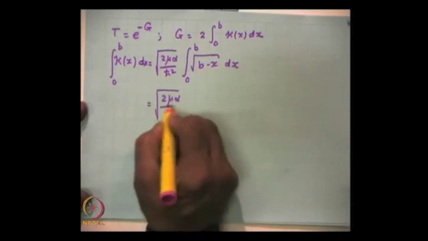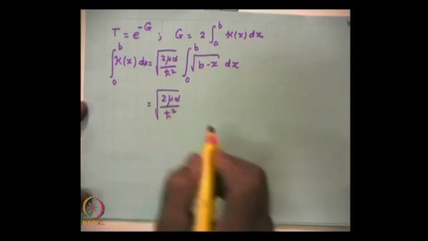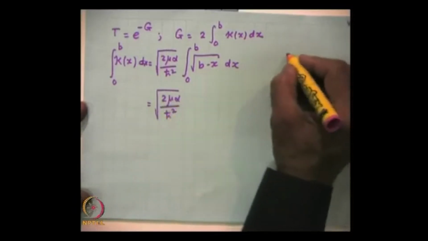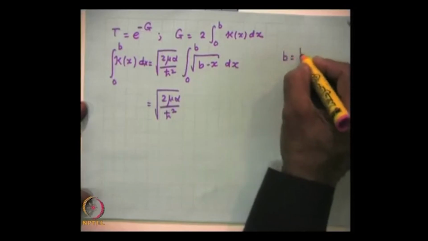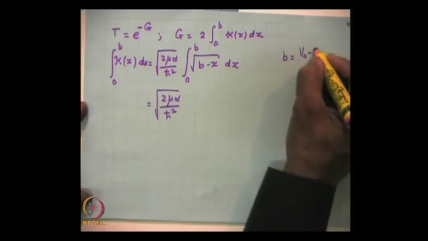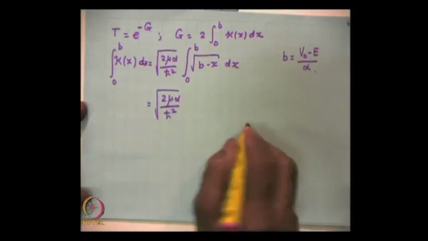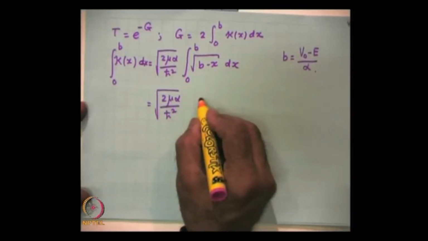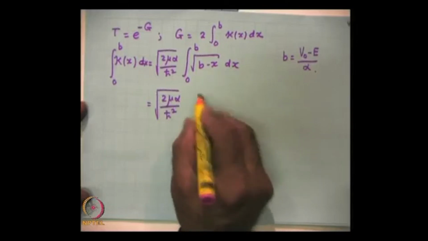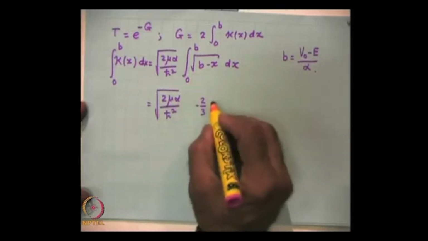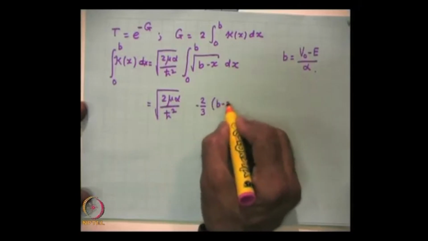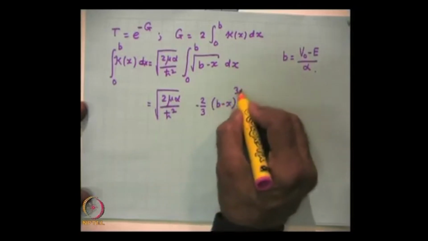2 mu alpha by h cross square will sit outside, and the value of b, as I had mentioned in my previous slide, is V0 minus E divided by alpha. So, this is 2 by 3 with a minus sign, and then b minus x raised to the power of 3 by 2.